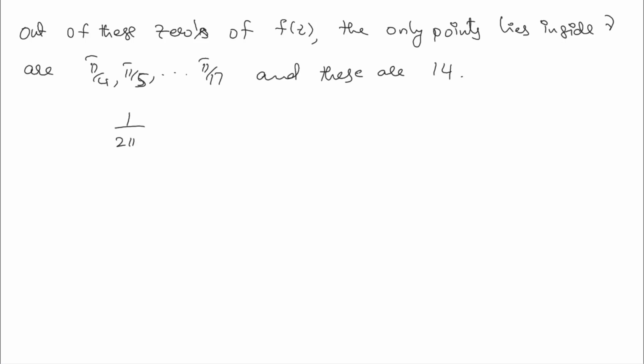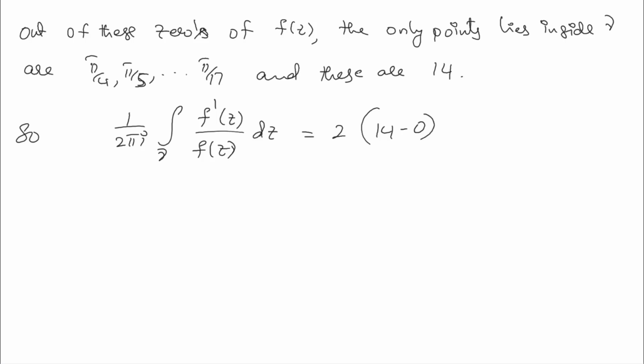So in total we get 1 divided by 2 pi i times the integration over gamma of f dash of z divided by f of z dz equal to 2 times 14 minus 0. Here, since the curve gamma travels twice along that circle, modulus equal to 1, I'm just multiplying the number of zeros by 2. So in total we get this as 28.